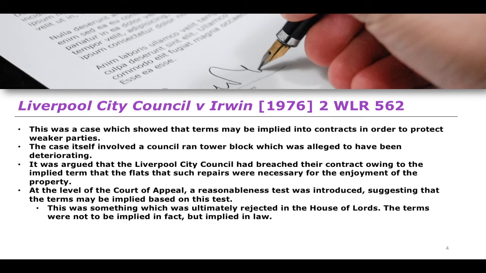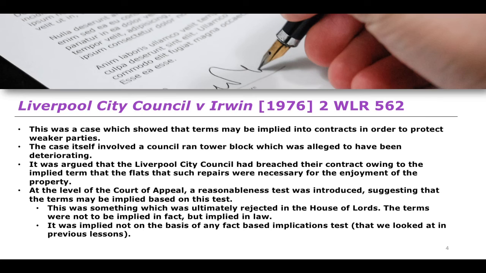The terms were not implied in fact, but rather they were implied in law. It was implied not on the basis of the facts and the factual implications of the particular circumstances, and a fact-based implications test therefore was not necessary for the implication of a term in this contract.